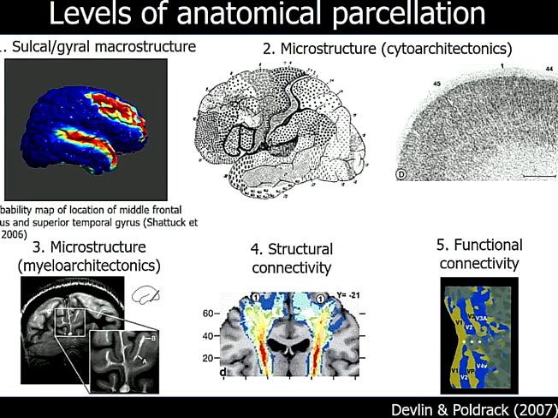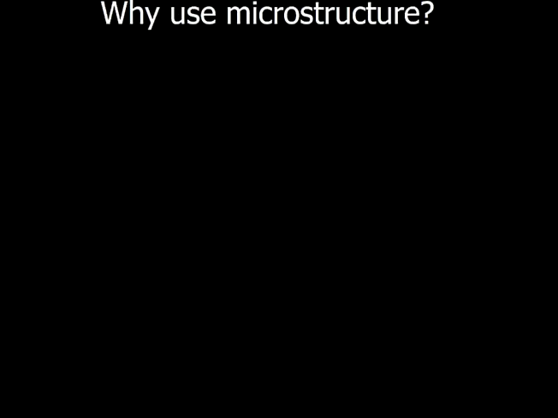So I'm going to talk least about functional connectivity because lots of other people are going to do that in this session. But what I am going to talk about is why and how to use microstructure to parcellate the brain. And I'm going to try and do this extremely rapidly to leave as much time for debate and questions as physically possible.